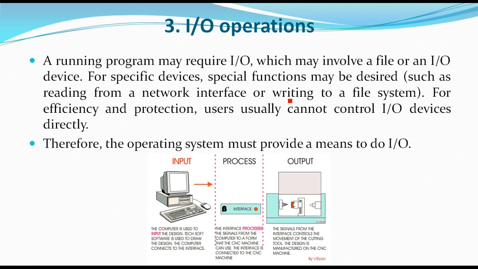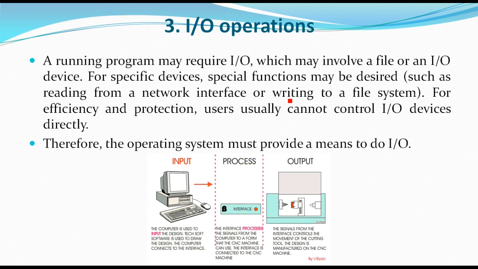For specific devices, special functions may be desired, such as reading from a network interface or writing to a file system. For efficiency and protection, users usually cannot control IO devices directly.